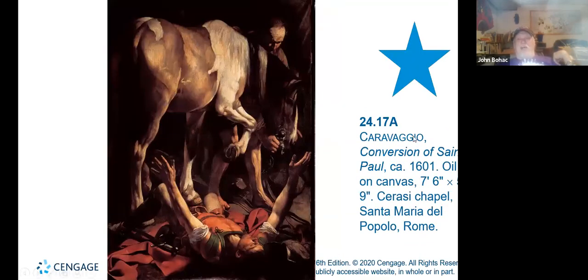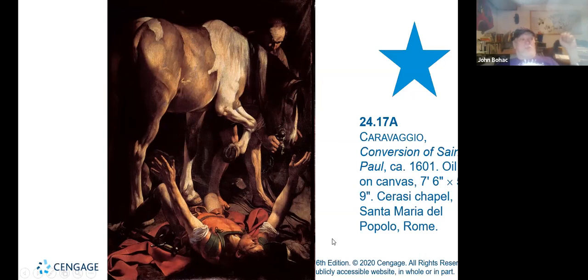Here is the conversion of St. Paul. St. Paul was a Roman soldier. He was on his way to Damascus when he was struck by a bolt of lightning and at that point realized that Jesus was God, converted, became an apostle.